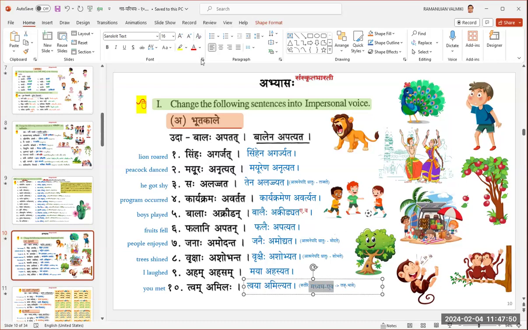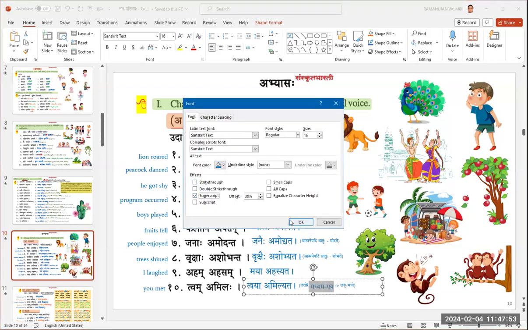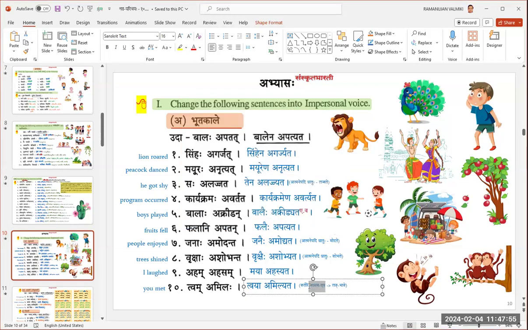Very good. Good catch. Lung only. So because here it is active voice, it is Madhyama Purusha Ekavachana amilaha form. Well done. Yeah, that explains the akara.